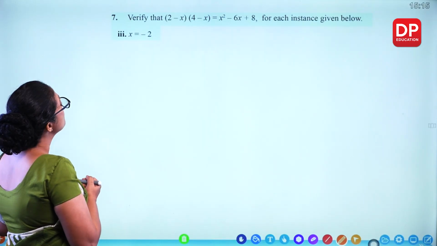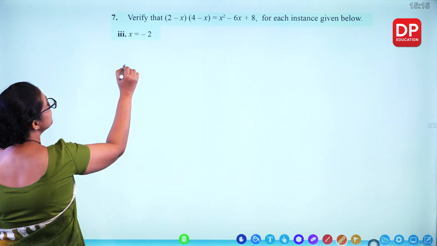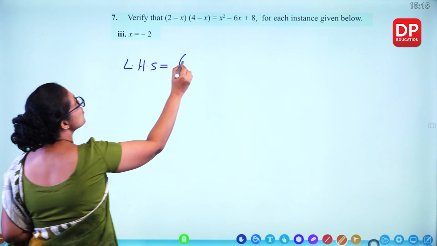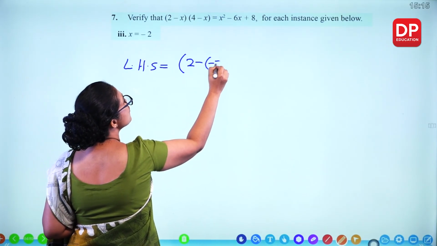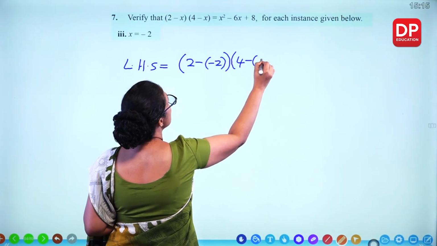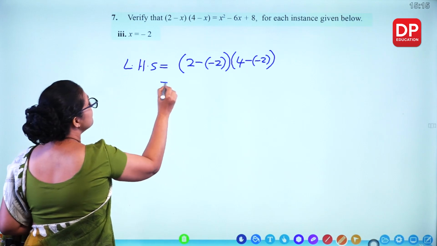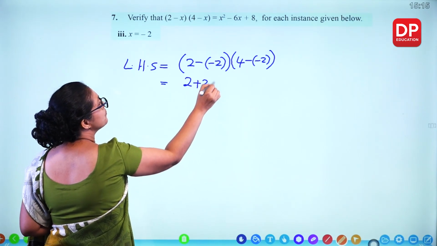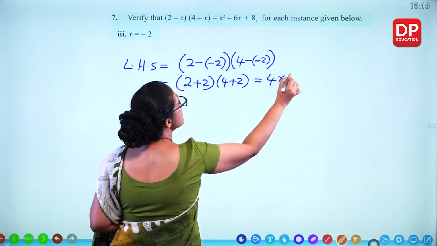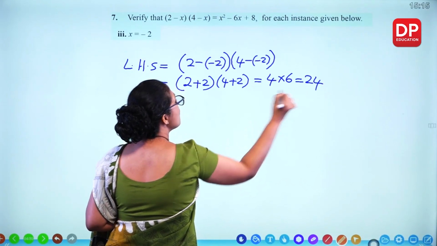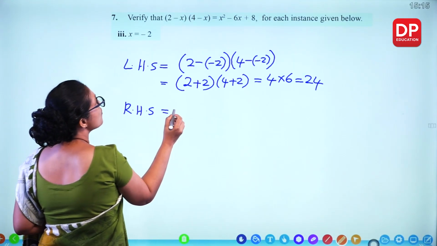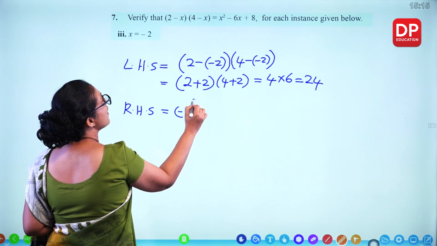Verify this one when x equals minus 2. Same thing, take left hand side, substitute x equals minus 2. 2 minus minus 2. Make sure that you put brackets. 4 minus minus 2. That becomes 2 plus 2. Here 4 plus 2. 4 into 6, that's 24. Right hand side, x squared. So minus 2 whole thing squared.